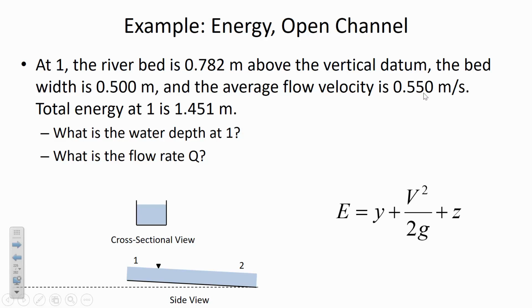And we know the velocity is 0.55 meters per second. And we know E, the total energy. So what that's going to allow us to do is to solve for the unknown water depth, Y. So we'll solve for the water depth, and then once we know the water depth, we can find the flow rate, because Q equals V times A.